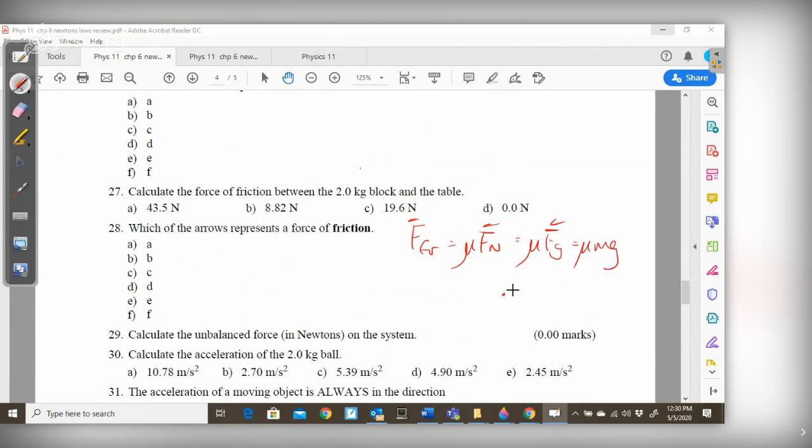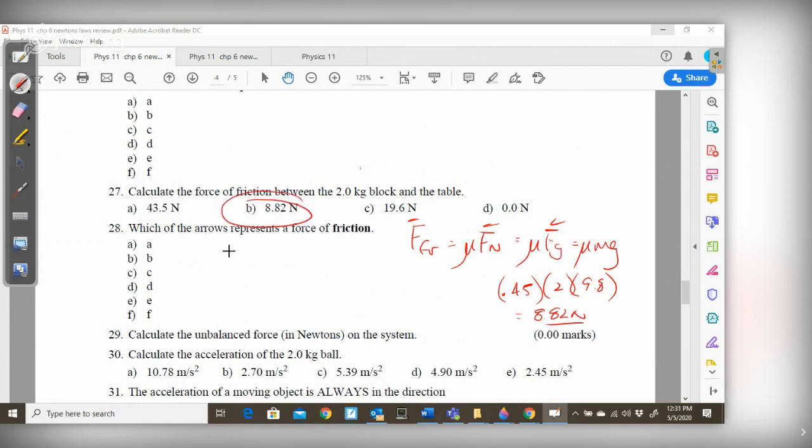So we'll have 0.45 times 2 times our 9.8, equals 8.82 newtons. There's our force of friction.